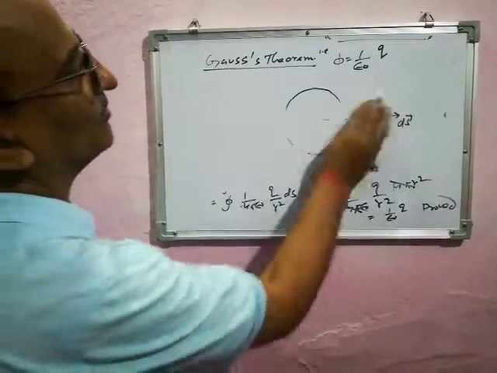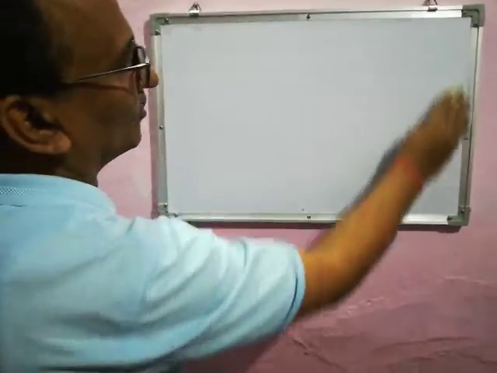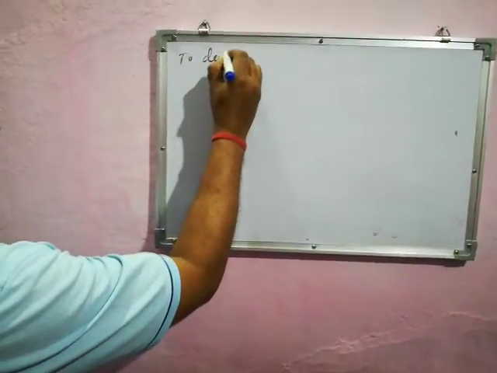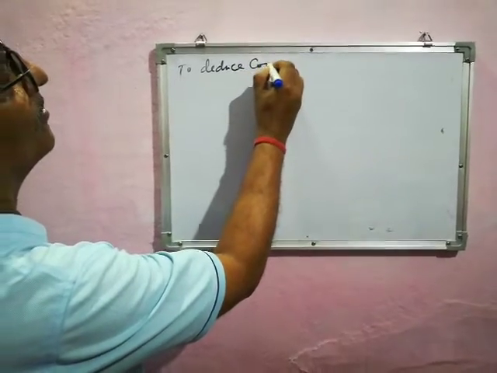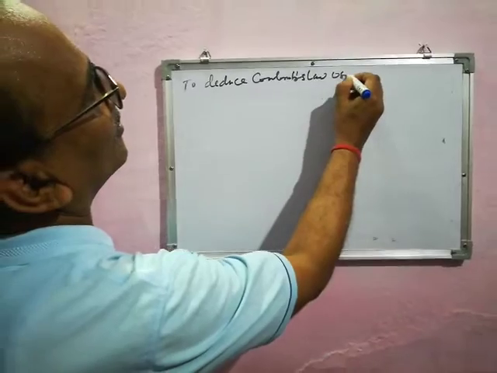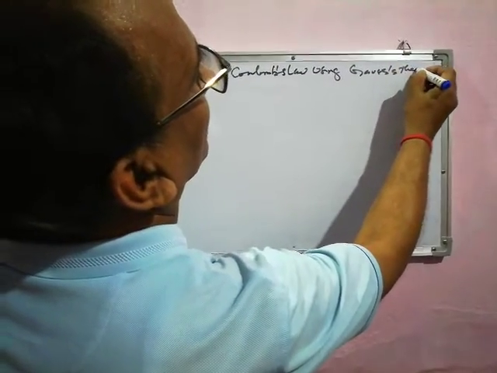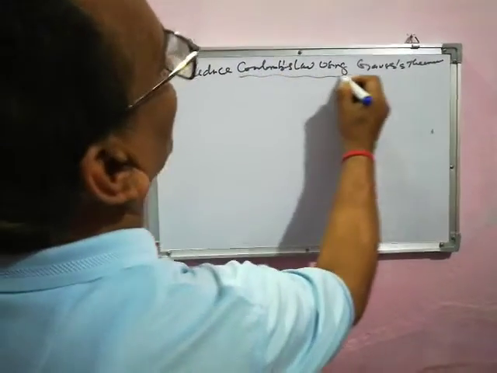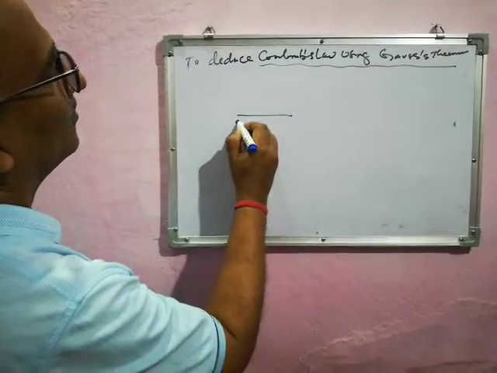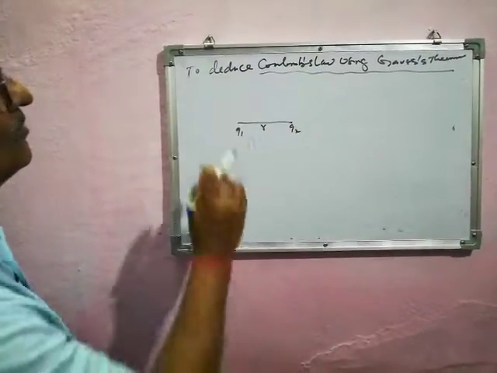Okay, so to deduce Coulomb's law using Gauss's theorem, let us consider 2 point charges situated at a distance r.